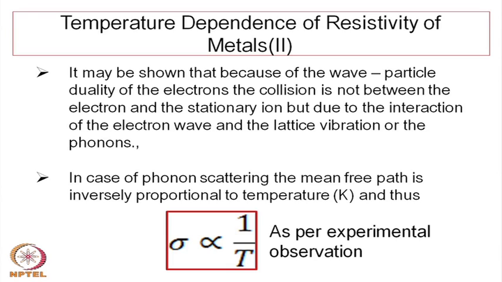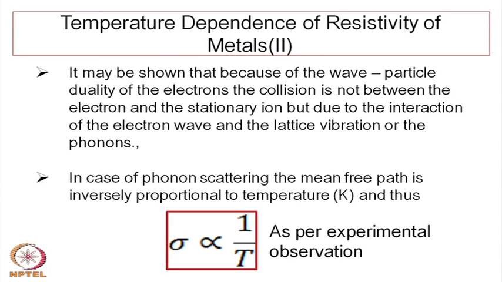So the collision here is not with the static ion core, but with the vibrational modes of the ion core, and that is possible because of the wave nature of the electron. The electron is a wave, and the lattice vibration is also generating some form of waveforms. These two will interact, and that is what we are talking about, the collision.